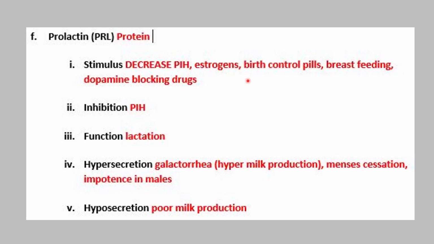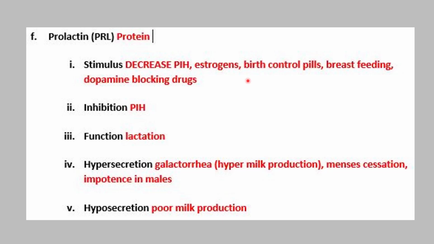All right, last hormone, prolactin, again from the anterior pituitary. Prolactin is stimulated by a decrease in prolactin inhibiting hormone. There is no stimulating hormone, no releasing hormone for prolactin.